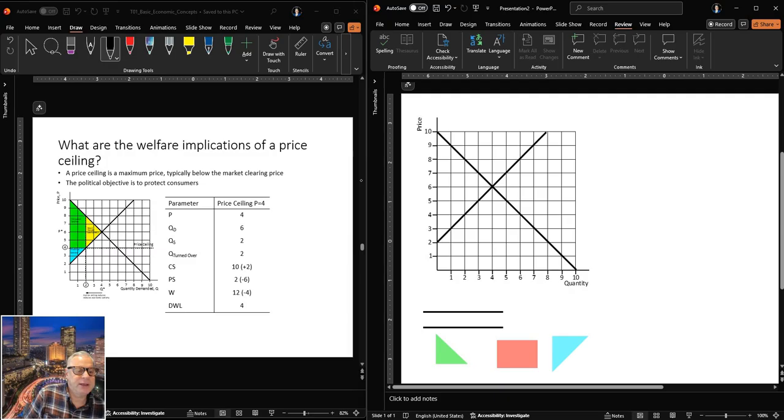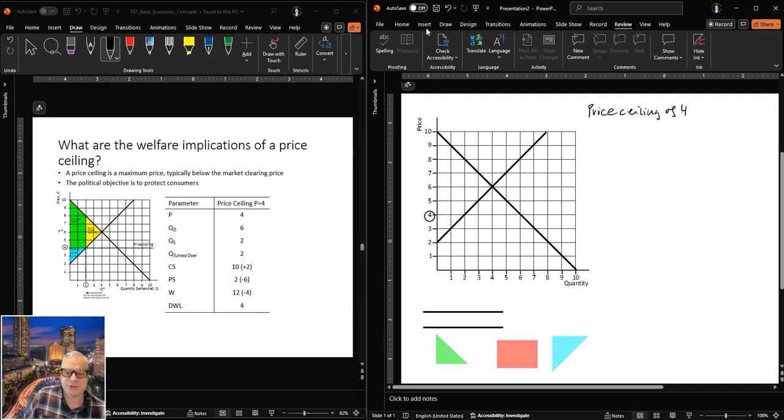So a price ceiling is a maximum price which is below the market equilibrium price. So let's assume that the government thinks that the market equilibrium price of 6 is too high, and we should limit it to a price of 4. So now the government sets a price of 4. Okay, so now we have the scenario of a price ceiling of 4.